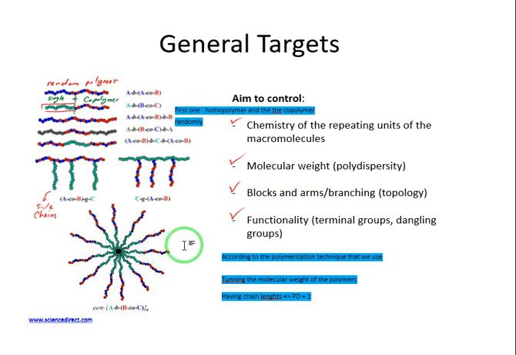The main aim, as we mentioned in the previous videos, of controlling the molecular weight and the colloidal size is to prepare nanoparticles which are going to have the same size and which behave identically within our body.